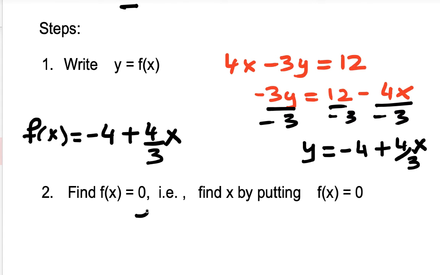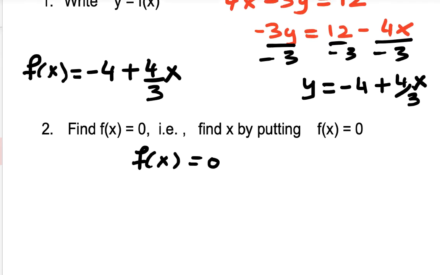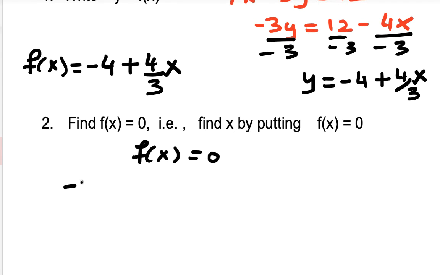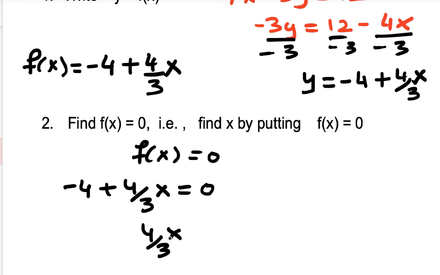We put f(x) to be 0. That is -4 plus 4 over 3 x equals 0. Take the -4 to the right-hand side. So that becomes +4, equals 4.